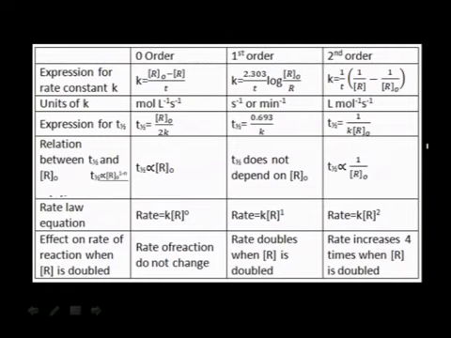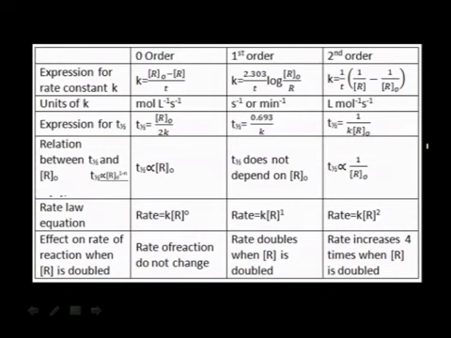Temperature coefficient of a reaction is equal to Kt plus 10 by Kt, where Kt plus 10 refers to the rate constant at temperature T plus 10 and Kt refers to the rate constant at temperature T. The temperature coefficient of any reaction, Kt plus 10 by Kt, is equal to 2 or 3 depending on the reaction.